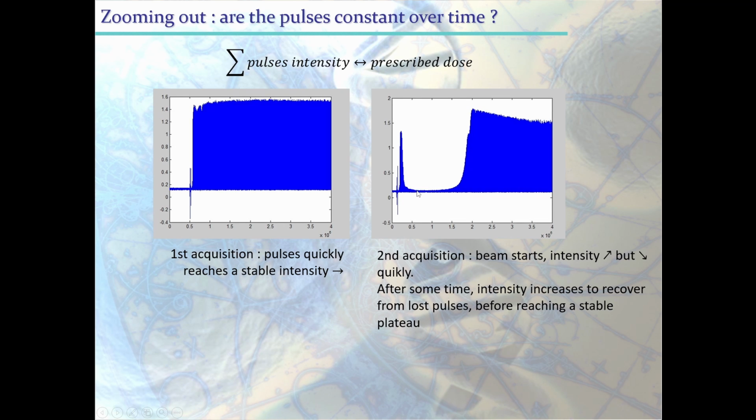Still you had some spikes, low power, and then it was increasing again, and maybe overpower pulses to compensate for the previous lack of power. So you see that a LINAC is not something which is stable. And you need to monitor constantly and as accurately as possible the beam properties throughout the beam delivery. And you have to do that in real time.